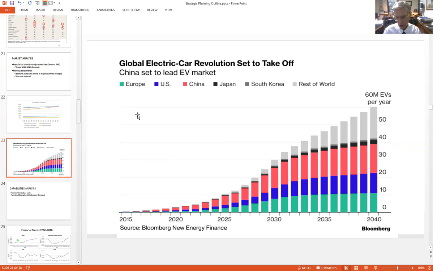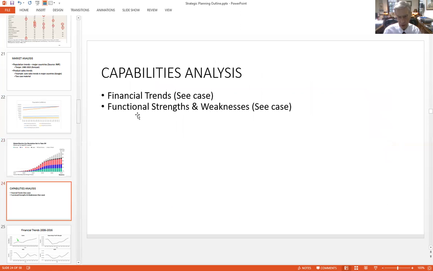The purpose here is simply to suggest to you that there are a variety of ways of tracking sales trends of the product that you're interested in. At this point, what we should have is a set of conclusions about the external environment. I did not put a slide here that says that, although I probably should have, but there are so many slides already, I just decided to leave that one out.